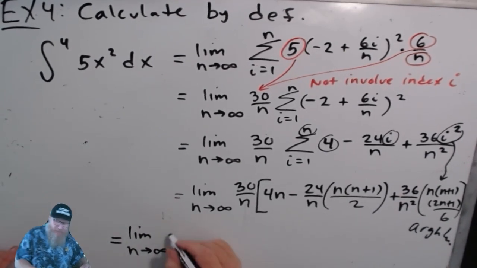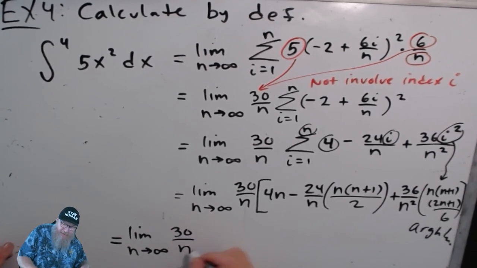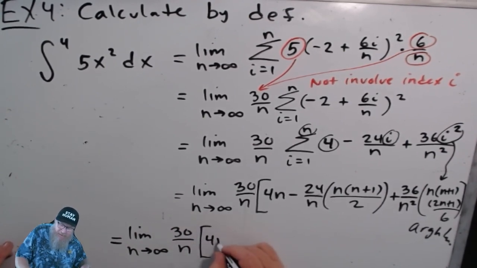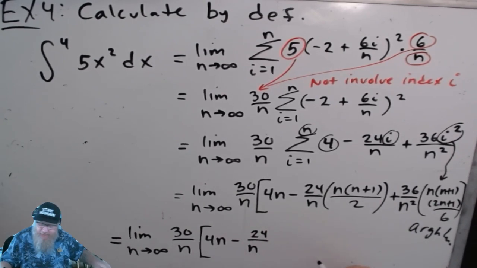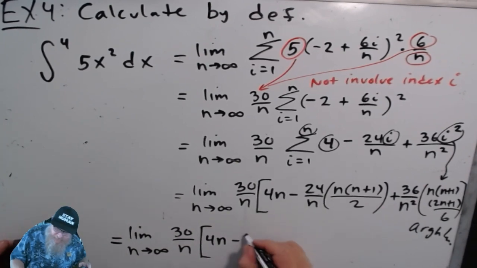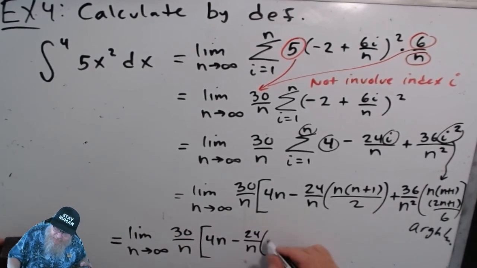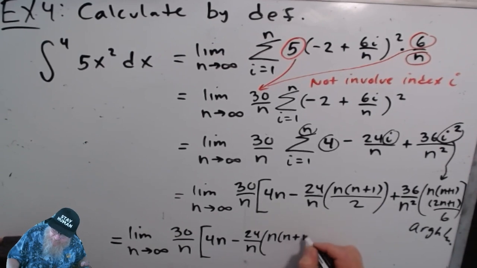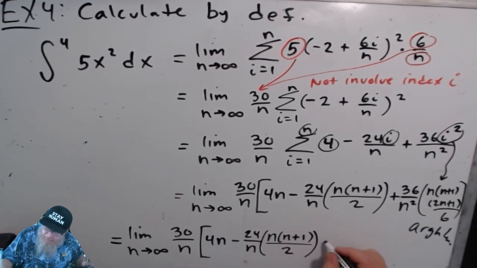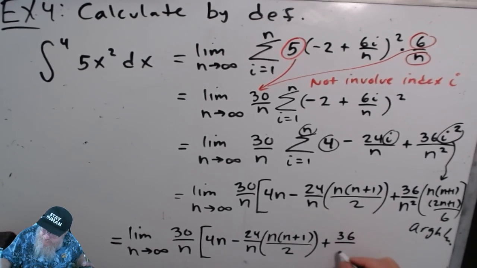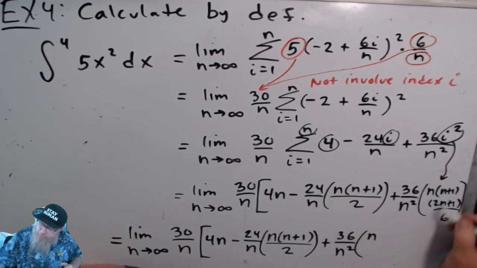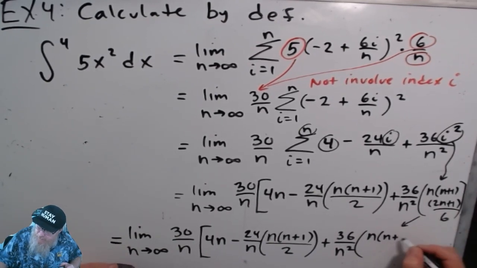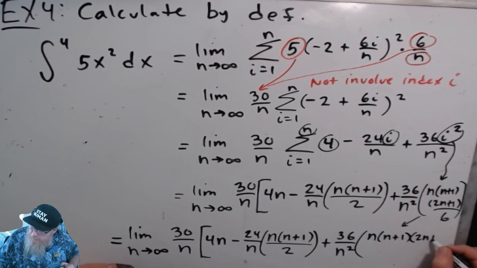I'm just going to write that one more time. 30 over n times 4n minus 24 over n times n plus 1 over 2 plus 36 over n squared times, and I'm just rewriting this, n plus 1, 2n plus 1 over 6.